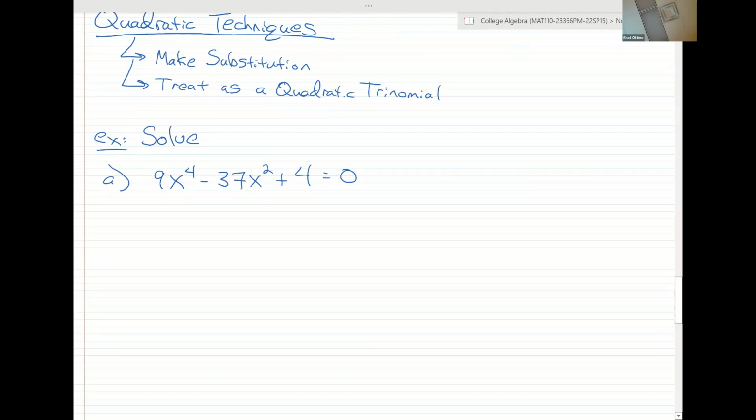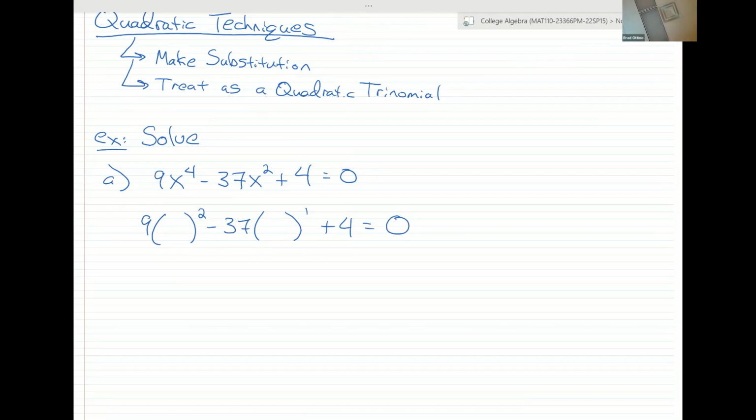It is a trinomial, so we're going to do it just like we usually do trinomials. But one thing I want to show you, we're used to seeing trinomials where it's 9 times something to the second minus 37 times something to the first plus 4 is equal to 0. That's how we typically work with trinomials.